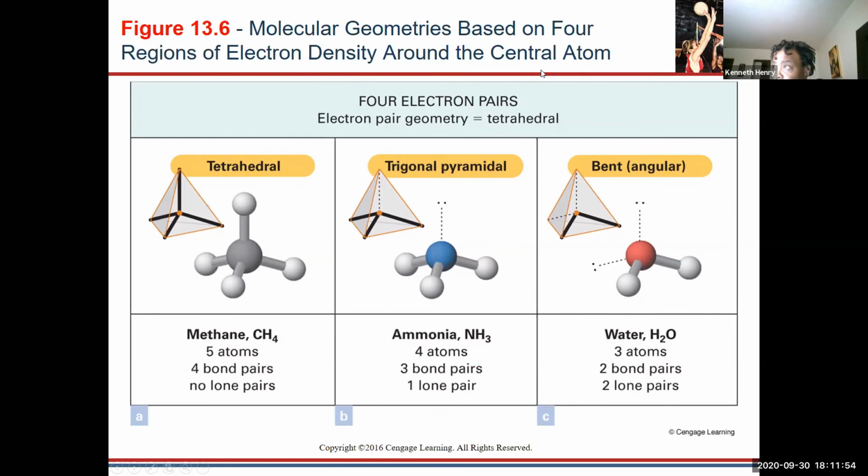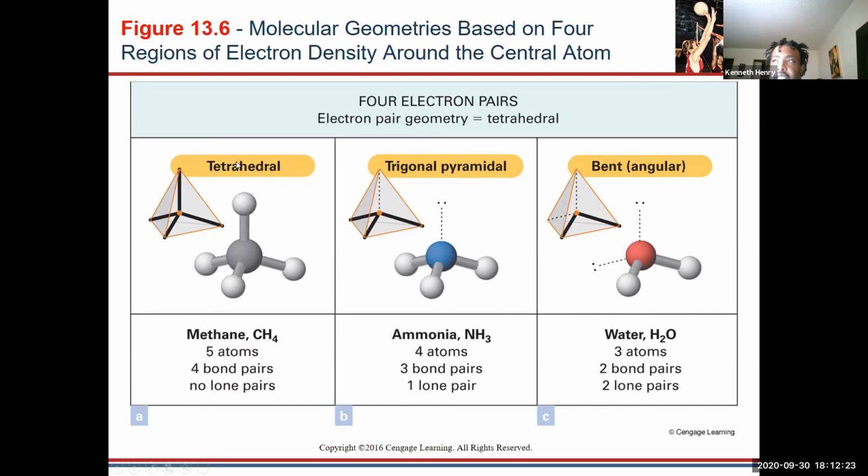Okay, so this here is just basically showing you that for electron pair geometry, all of these guys are considered tetrahedral because it's the electron pair, 4 attachments: 1, 2, 3, 4. Now for the molecular geometry, they're different, right? So this here is the molecular geometry.